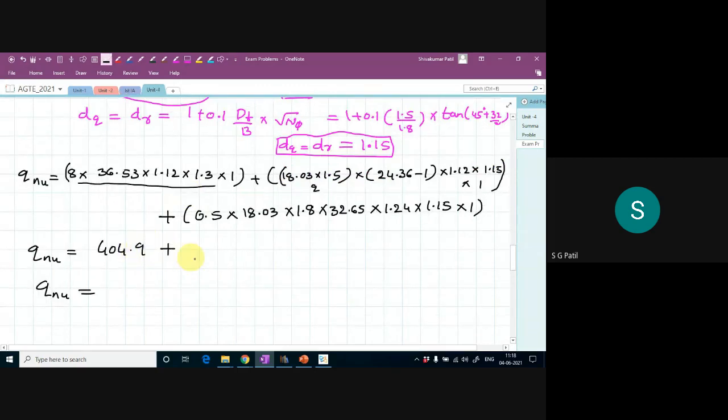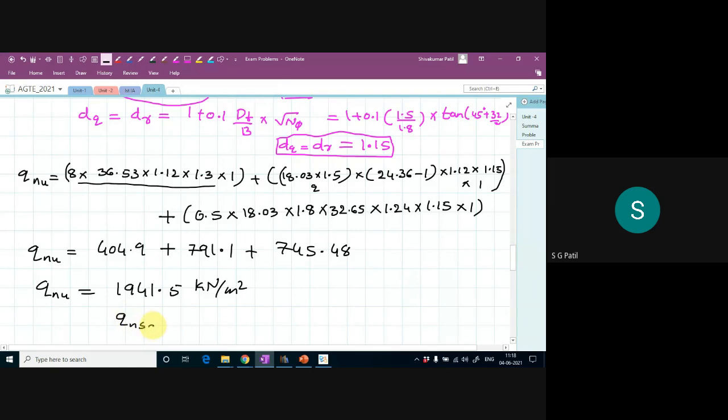This is the first term. Second term 791.1. Third term is 745.48. So together I am getting a net ultimate of 1941.5 kilonewton per meter square. This is my net ultimate. Okay, what is the net safe?